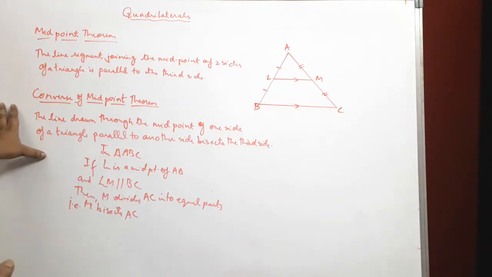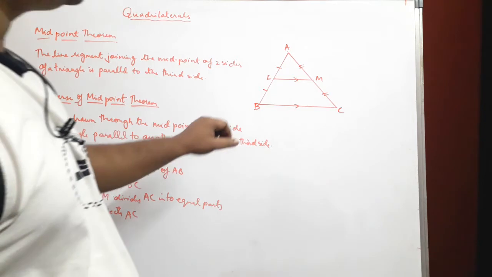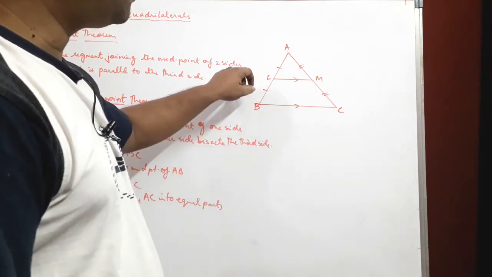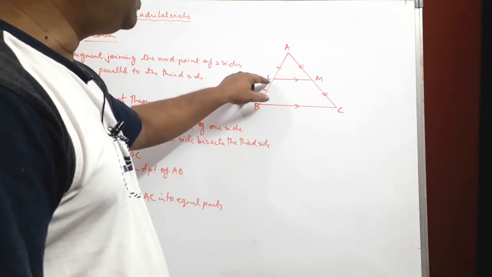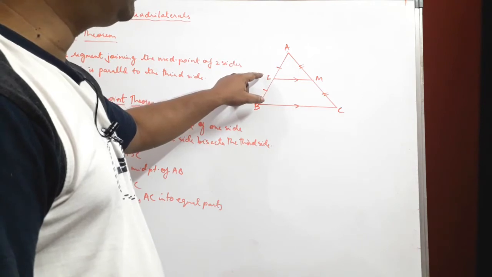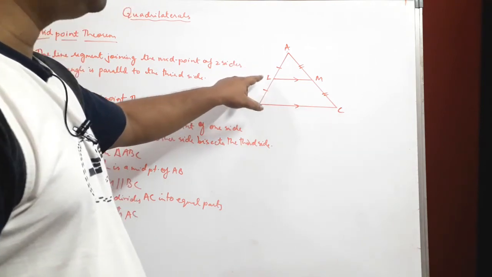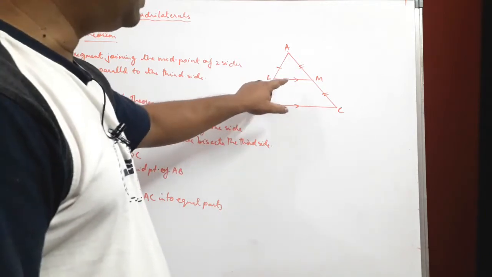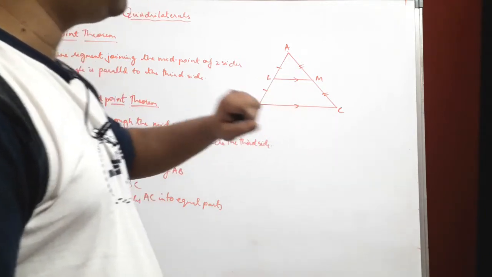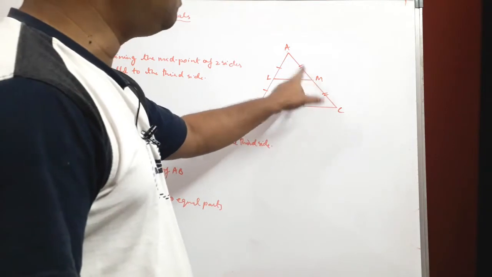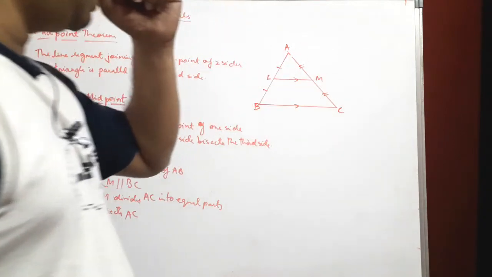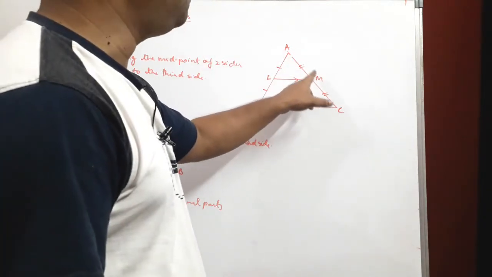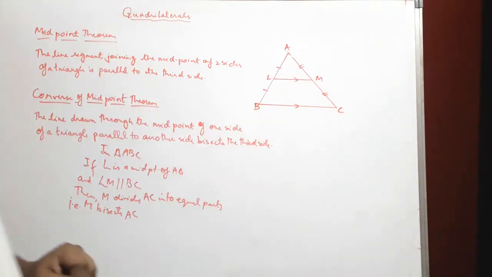In the converse of the midpoint theorem, it says if a line drawn from the midpoint of one side of the triangle is also parallel to the second side, then that line bisects the third side of the triangle. In other words, M becomes the midpoint of AC. So this is the converse of the midpoint theorem.